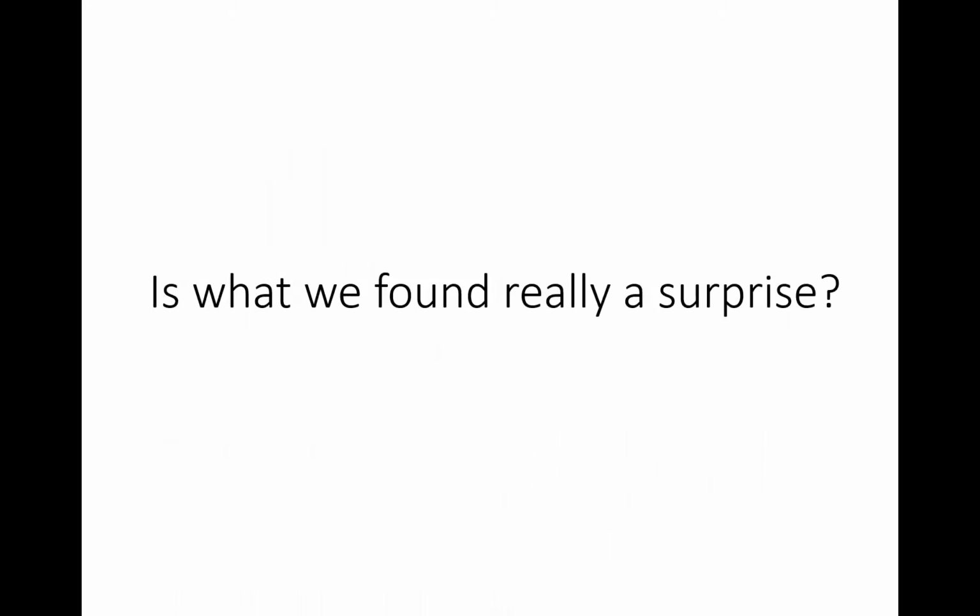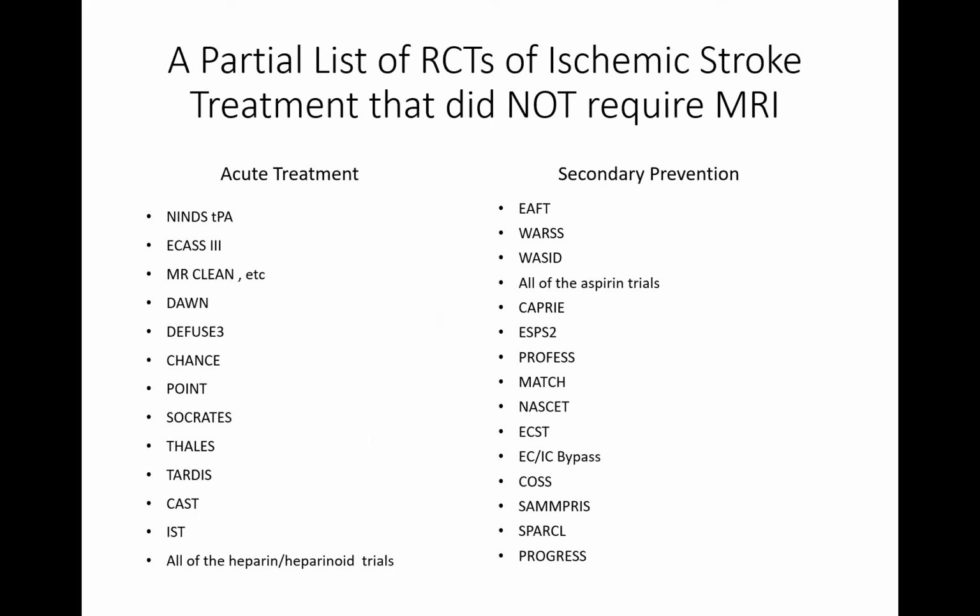So should we be surprised? I mean, should we really be surprised that adding MRI to CT didn't seem to make much of a difference? So this is a partial list of randomized controlled trials of ischemic stroke treatment that did not require MRI.